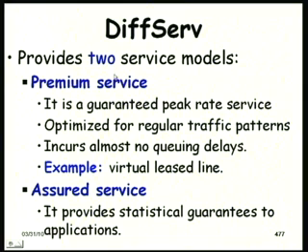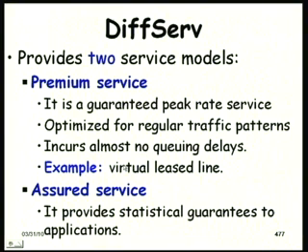So, there are two service models in DiffServ, just like in IntServ we had seen two service models, the guaranteed and the statistical guarantee service. Here there are two service models again. One is the premium service, which is a guaranteed service optimized for regular or constant bit rate traffic, and traffic in the premium class undergoes almost no queuing delay at the router.